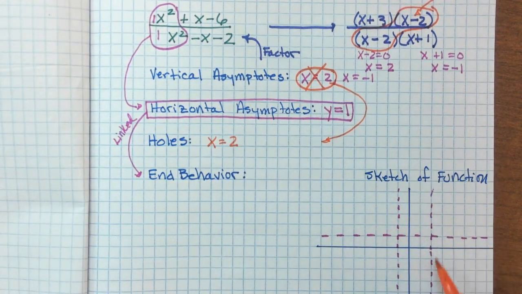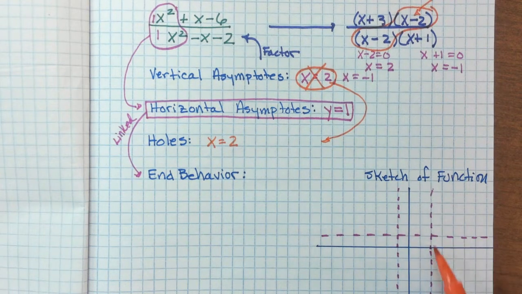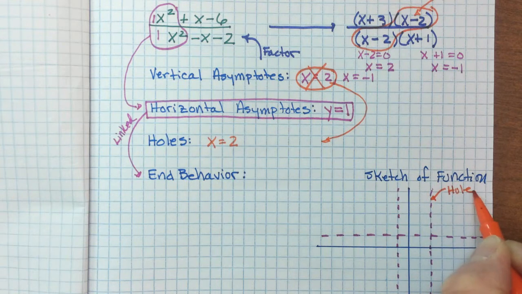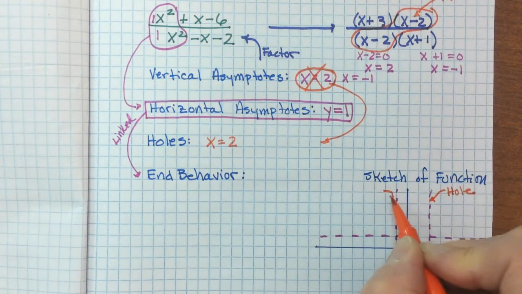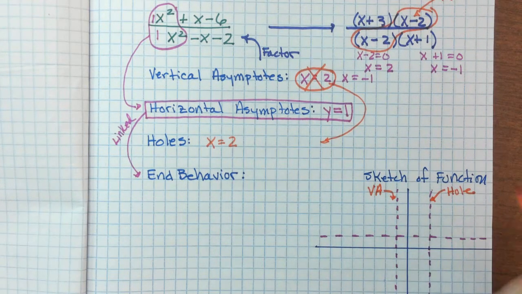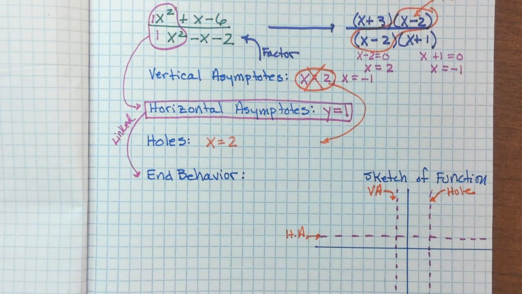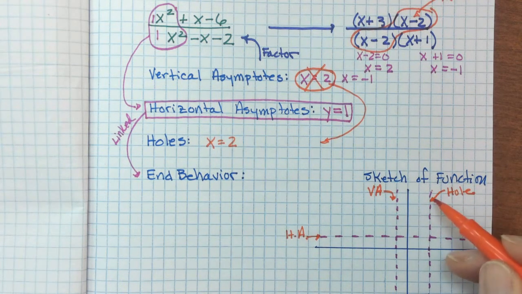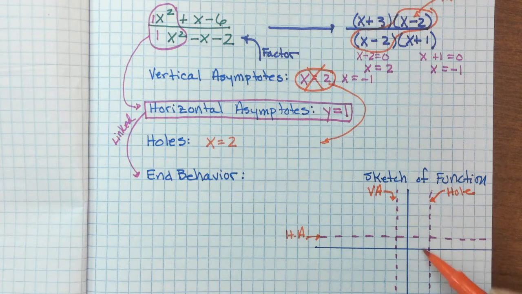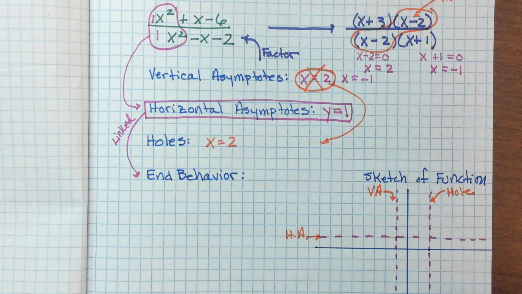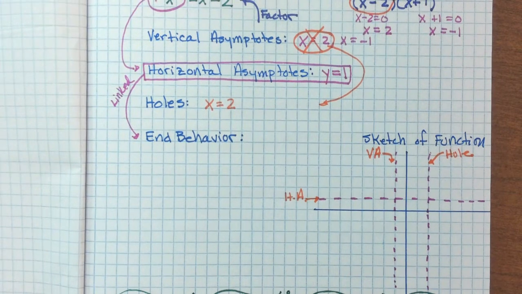So I'm going to write a little notation there: hole. This here I'm going to write VA for vertical asymptote, and this here HA for horizontal asymptote. Technically I shouldn't really even be sketching it in, but I'm going to leave it there for the time being so that when I sketch in the graph, I'll have things in the right way.